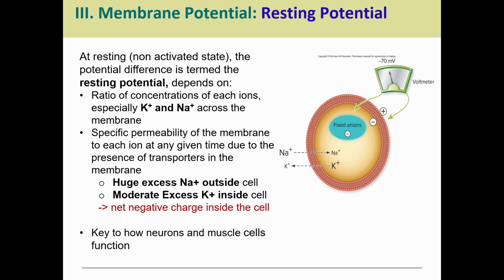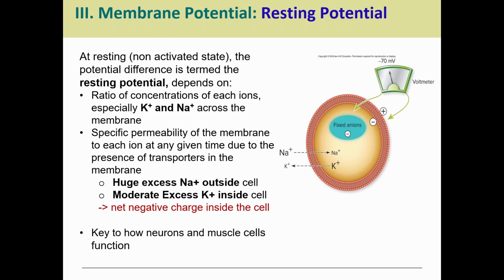Now, the resting potential of a cell is when we're in a non-activated state. Like rest, if you're resting, you're not doing anything active. So the potential difference that we see when the cell's just not doing anything, especially if we're talking about a neuron, the neuron is not firing a signal, the difference between the inside and outside of the cell's charge is called the resting potential.